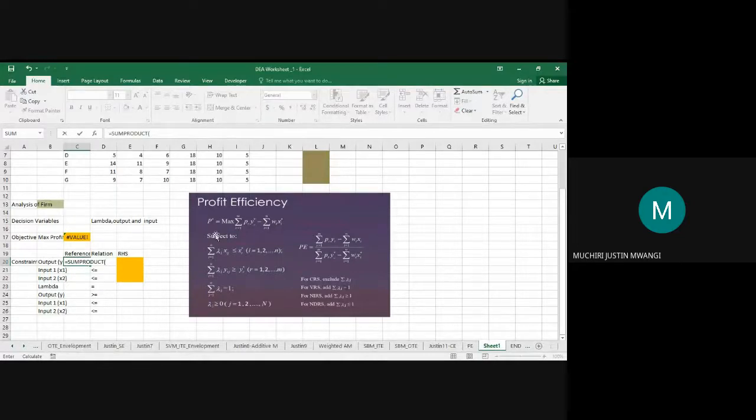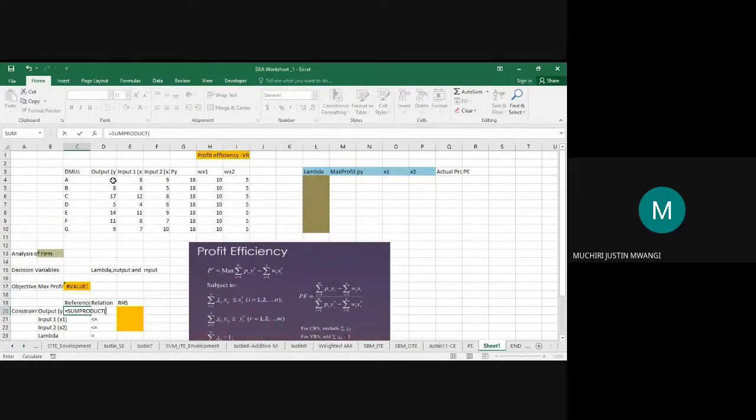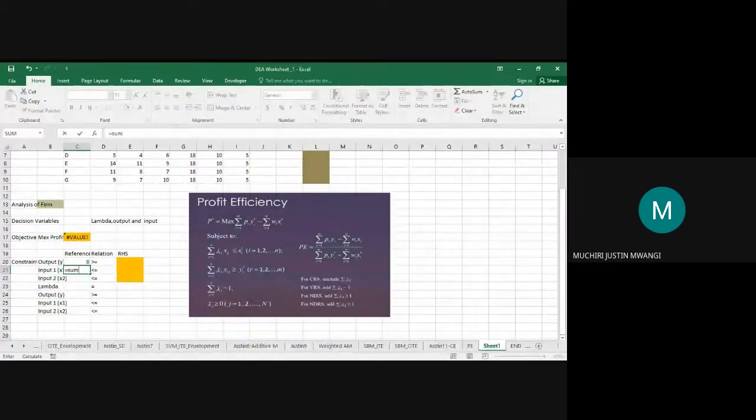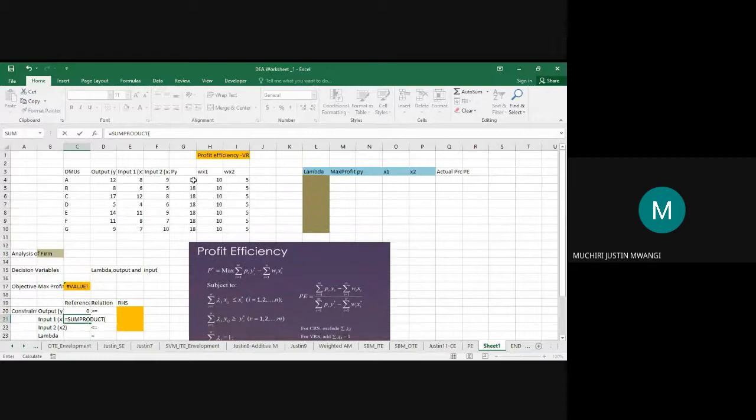We are going to get the value of the given output, then the value of the given lambda in brackets. The second one, we're going to get the value of the given input, SUMPRODUCT, pick the value of the first input in brackets times the lambda, then we sum them up.